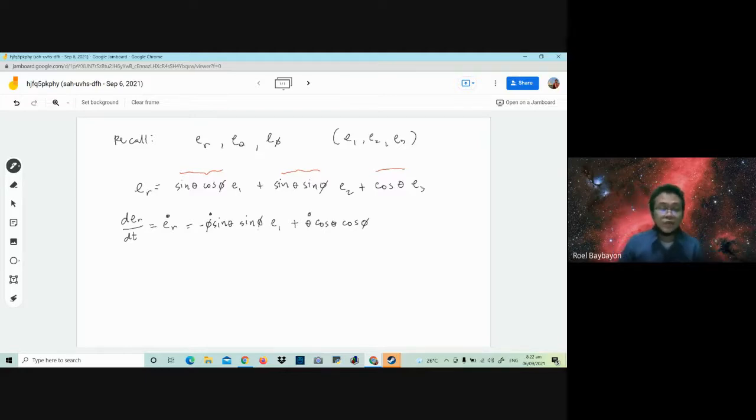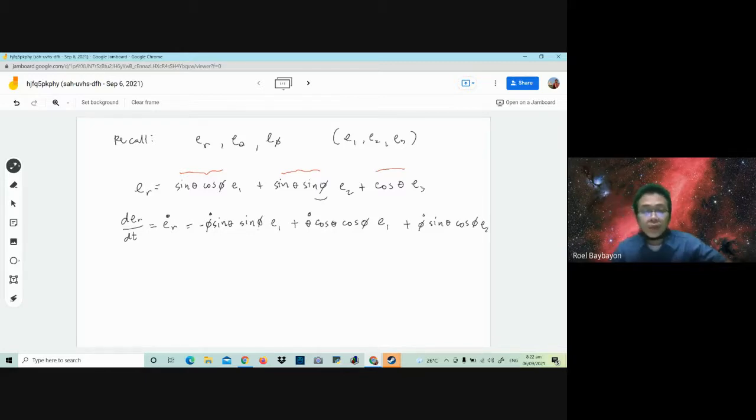So for the first term, the time derivative gives two terms, both with e1: cosine theta cosine phi theta dot e1, and the phi dot term. Then for the second term, first I derive the sine phi, giving cosine phi phi dot, so I have phi dot sin theta cosine phi e2.